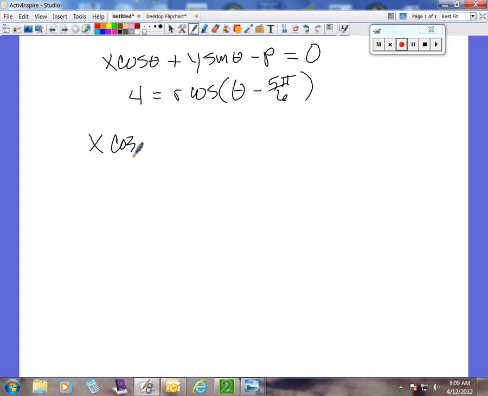What are you taking the cosine and sine of? I know it's 5 pi over 6, but what is that? What's the reference angle for that? Say it again. It's 150? Yes. Another way you could look at it, we're really going to take the cosine of 30 as our reference angle, right?